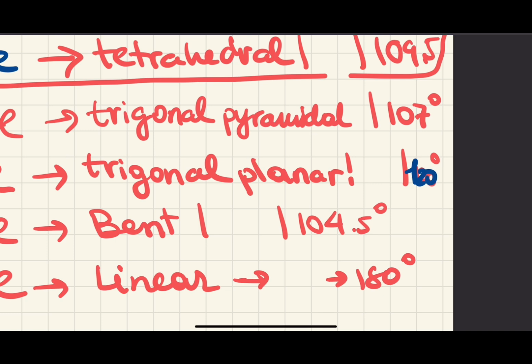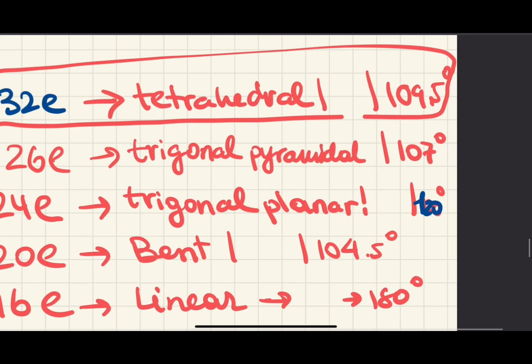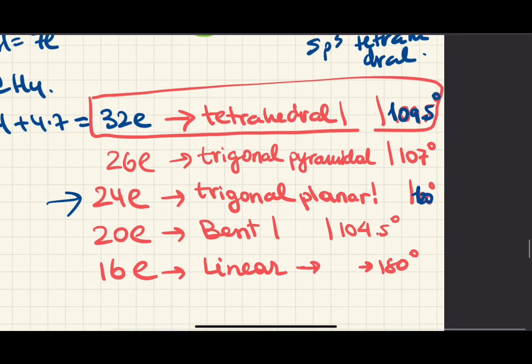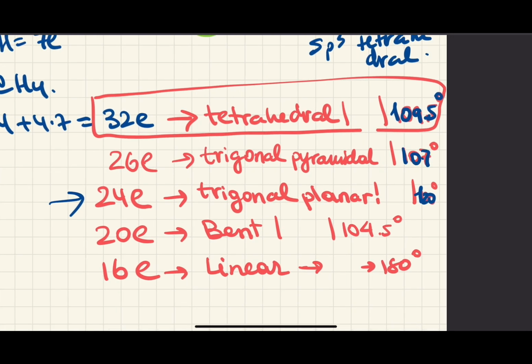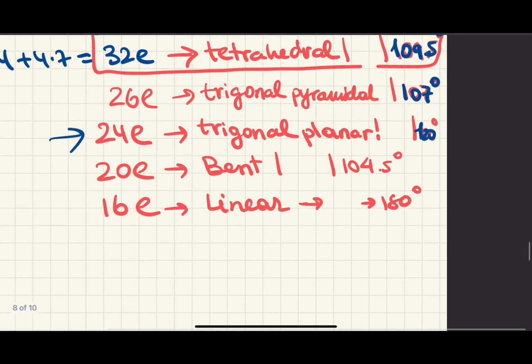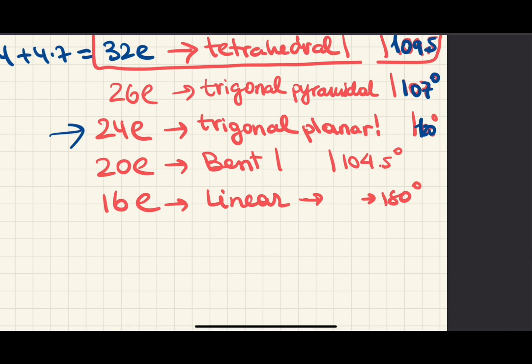I'm gonna write them in different colors so you could see. 109.5 for tetrahedral, 107 for trigonal pyramidal. Trigonal planar is 120. So 120. 104.5 is for bent, 180 for linear, and the electrons are in here.